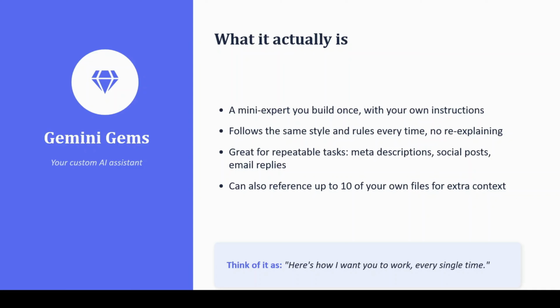For example, you would create a gem that is trained to write SEO meta descriptions in your style, or one that always formats your content in a specific structure. So once it is set up, you just open that gem and start working. No need to re-explain the context every time.